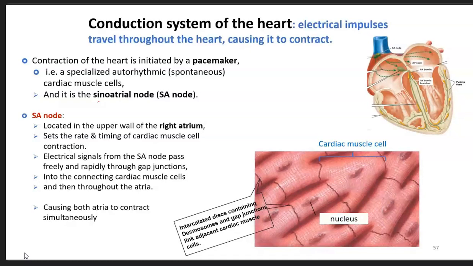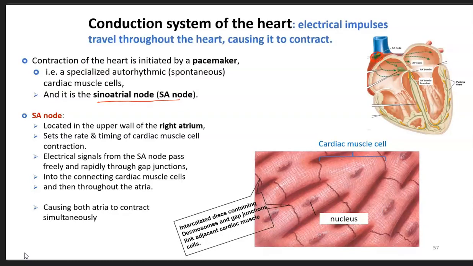So you have here a specialized tissue within the cardiac muscle. We call it the sinoatrial node, or the SA node. The SA node is located here. I added this diagram in this slide, and you can also refer to the same diagram in the next slide.